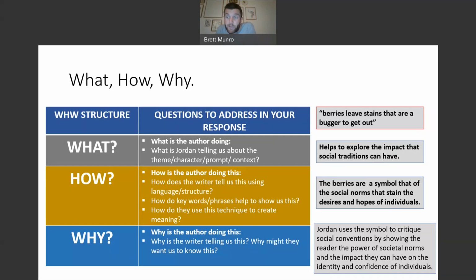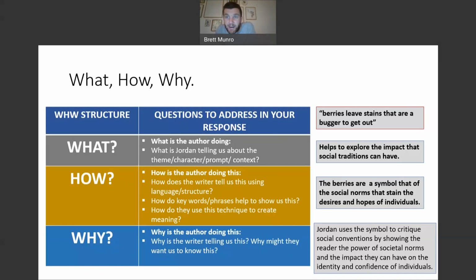How does a particular word help us to understand a character, or a theme, or a particular meaning that she's trying to convey? Essentially, how do they use this technique, this language, this symbol, this device, to create meaning? And lastly, why is the author doing this? Why is the writer telling us this? Why is this important for us as readers?